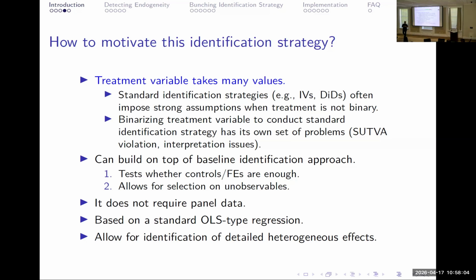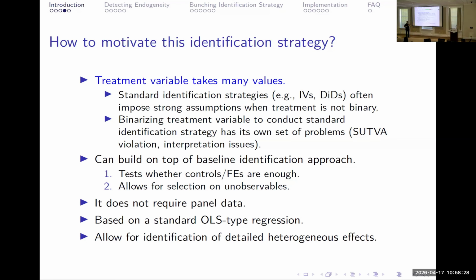In situations like that, you can understand the bunching approach as almost like a nested approach, where you first can do whatever selection on observables or selection on unobservables approach you are planning to do anyway, like you either control for a bunch of observables or you actually add fixed effects. But then if you think those assumptions are too strong, one thing you could do with bunching is that you can actually test that.